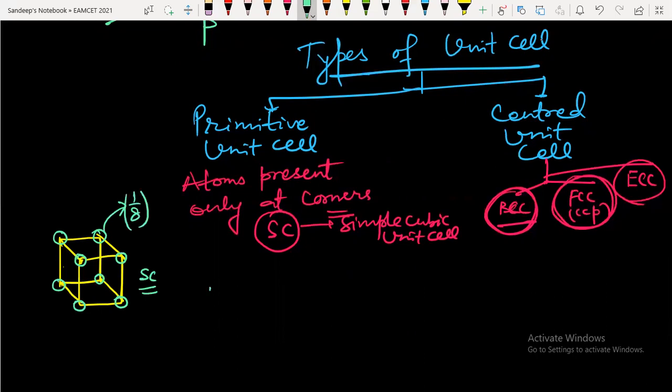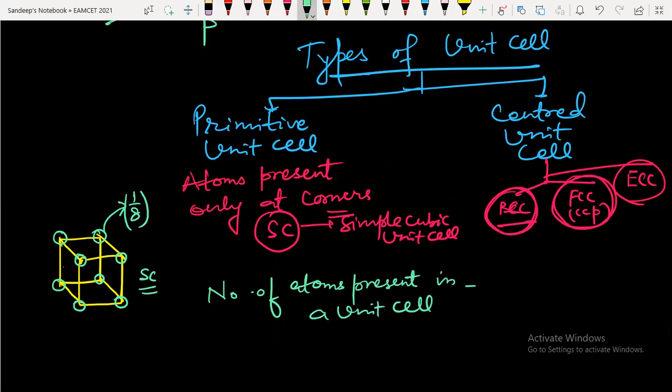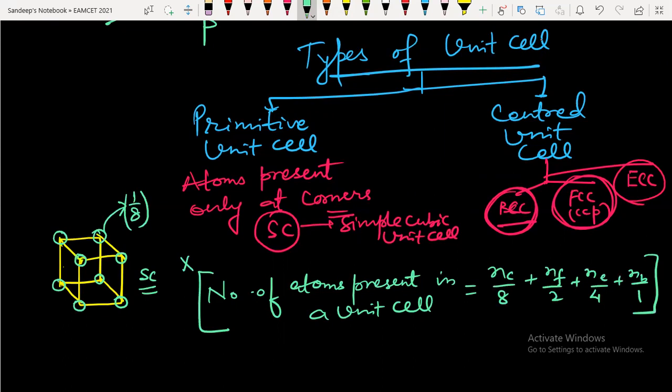So the number of atoms present in a unit cell can be determined using the formula: n corner by 8, n faces by 2, n edge by 4, and n body by 1. Note down this formula. This is very, very important, student. Keep this in mind.